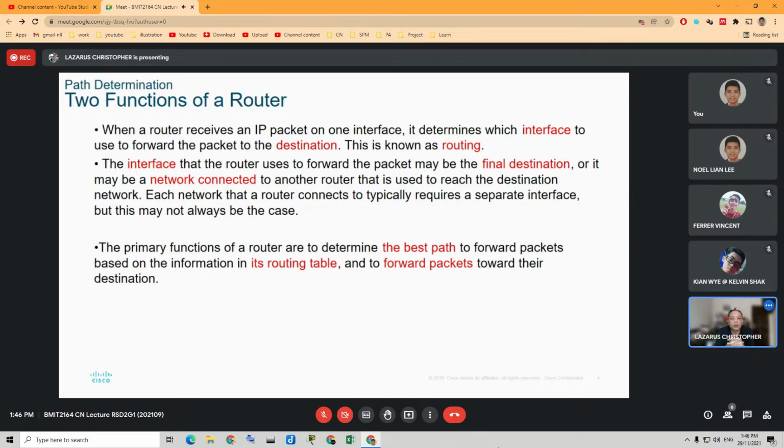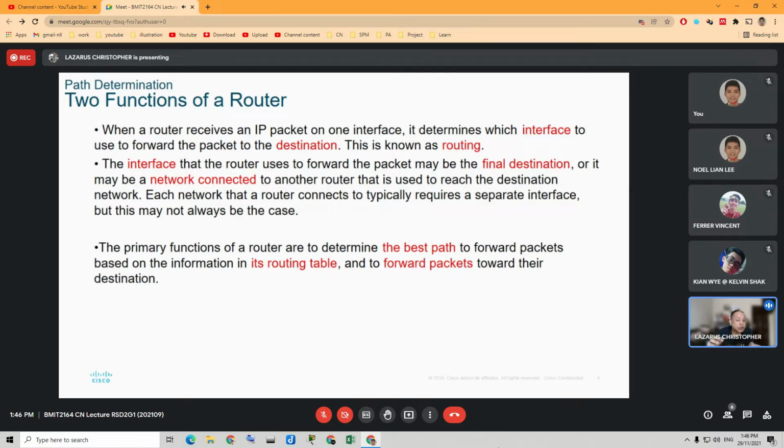The primary function of the router is to determine the best path. Sometimes, if the interfaces are limited, the best path is normally also the single path. But there are situations where you may have more than one interface, so you have to decide.